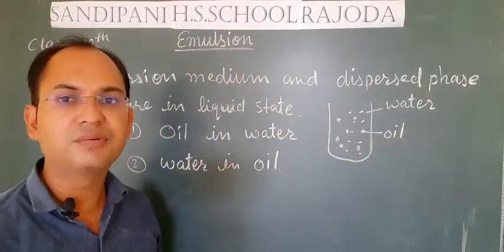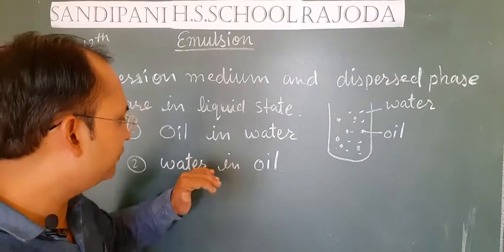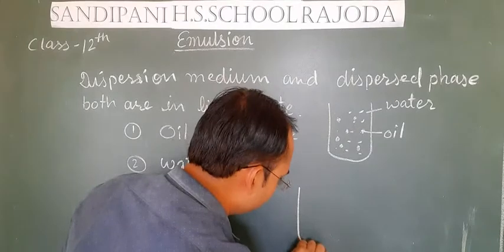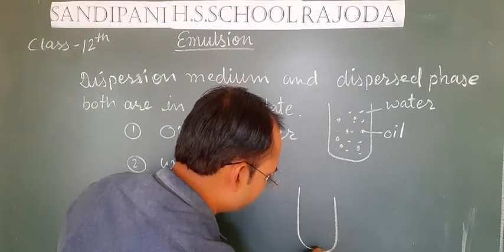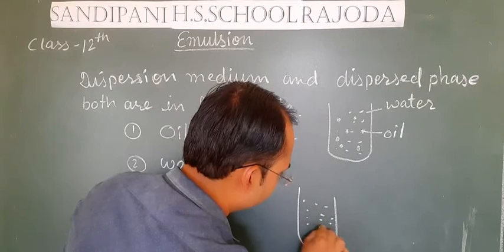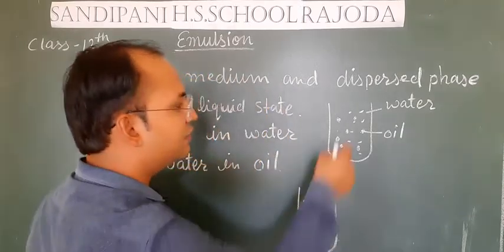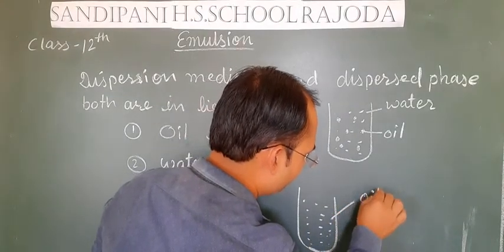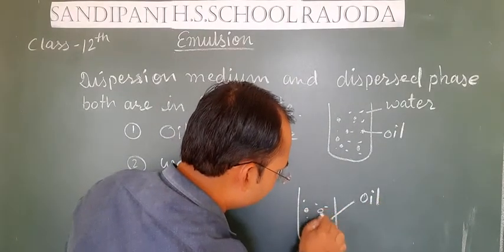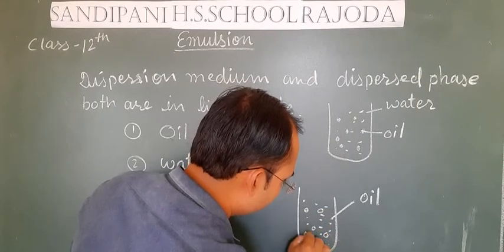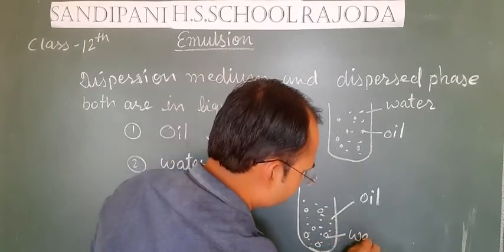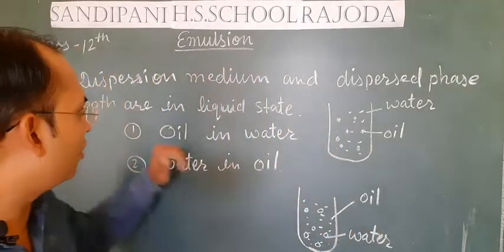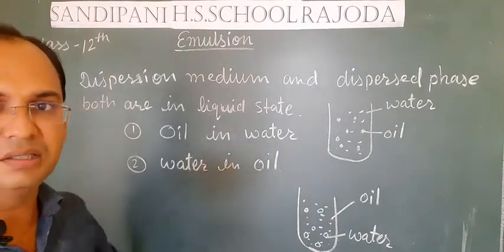But students, just opposite to oil in water emulsion, when we talk about the water in oil emulsion, then we draw a second beaker and fill it with oil. In the first condition water was filled in the beaker, but here we filled oil and water droplets are scattered in between the oil molecules. This is the basic difference between oil in water emulsion and water in oil emulsion.